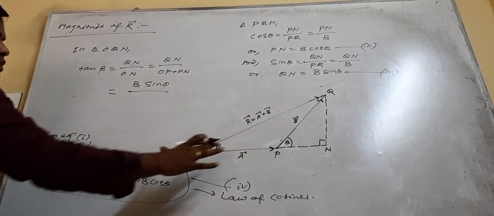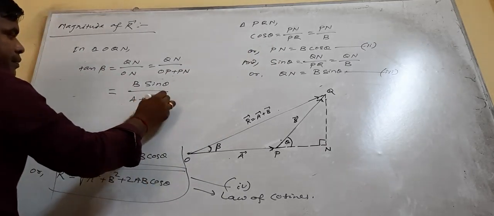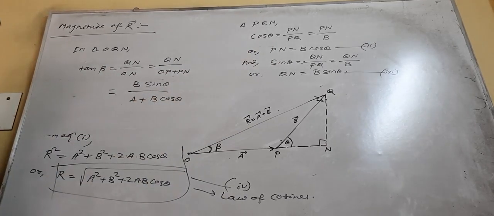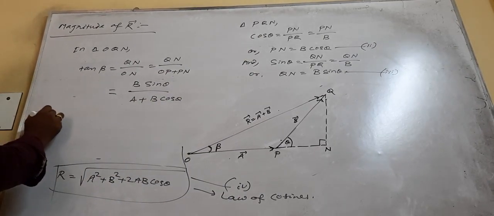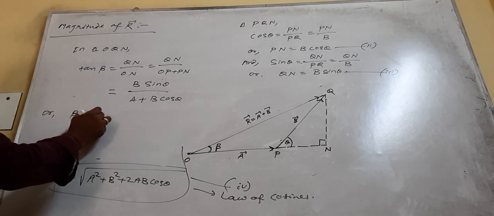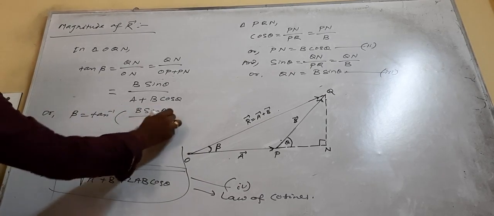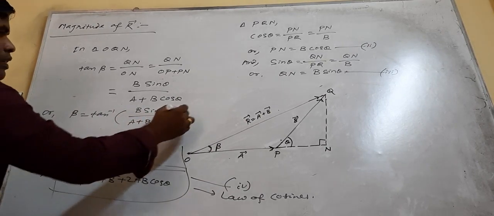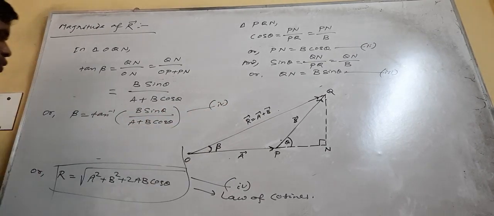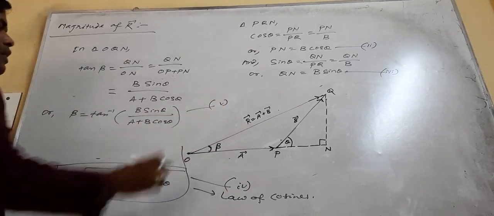What is OP? A. What is PN we got? B cos theta. Or beta is equal to tan inverse of B sin theta divided by A plus B cos theta. It is your equation number 5.